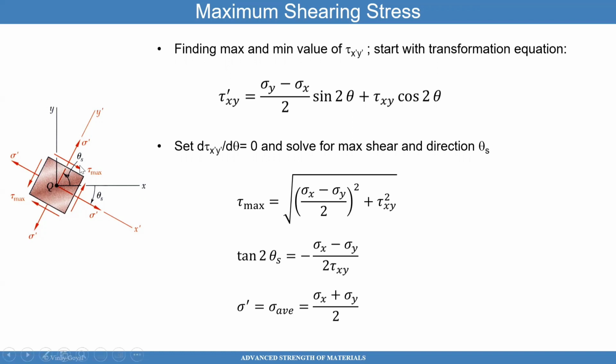You also find that when the maximum shear stress occurs, the normal stress to that surface is the average of the stresses on each of the faces that we originally had, which is a very interesting thing, but it's the way it works out.